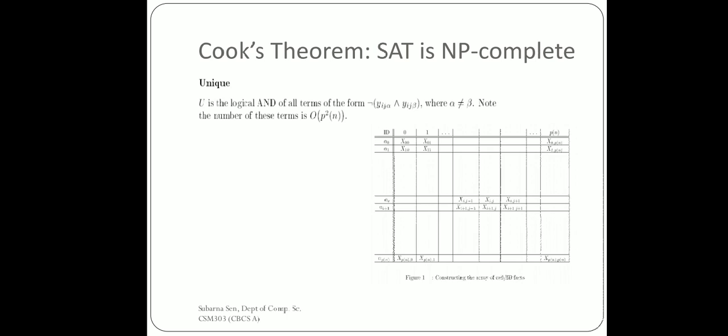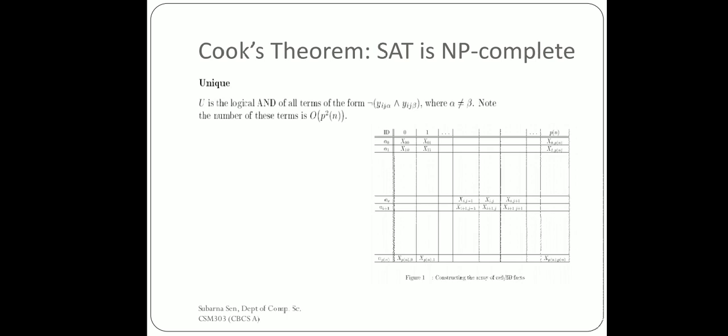Alpha and beta are two different states. So to represent it using Boolean variables, it should be not of y ij alpha and y ij beta, because both should be different all the time. That's why this is a unique definition.